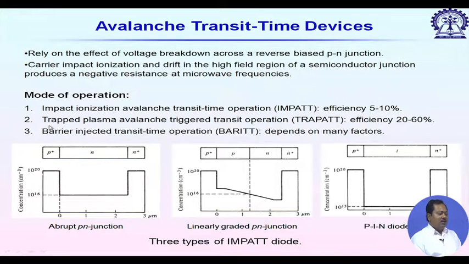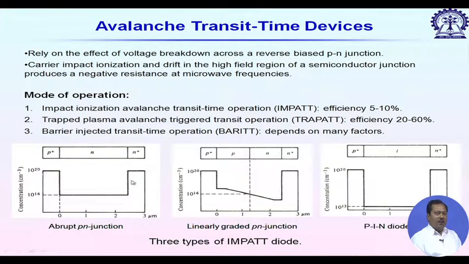The next one is trapped plasma avalanche triggered transit operation, or TRAPATT diode. Efficiency is a little higher, 20 to 60%. And then the third category is barrier injected transit time operation, or BARITT diode, but the efficiency depends on many factors. So, here we are going to discuss the IMPATT device.